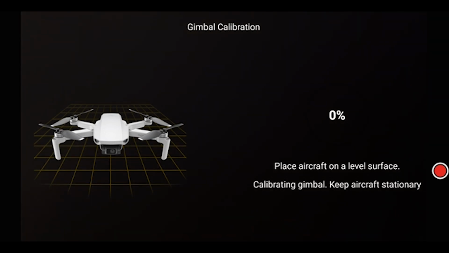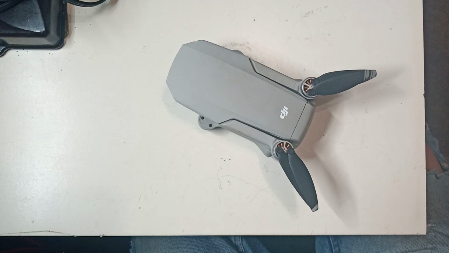So my last resort, before I sent it off to DJI, was to get online and see if anybody else knew what was going on, what these errors meant, and if there was any way to fix them. So I started researching it online, and fortunately for me, there was a lot of information about it. People in the beginning were saying that it's a technical gimbal issue.